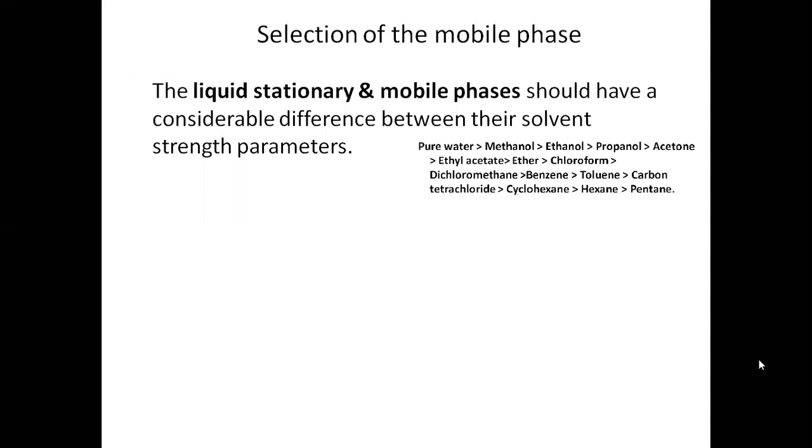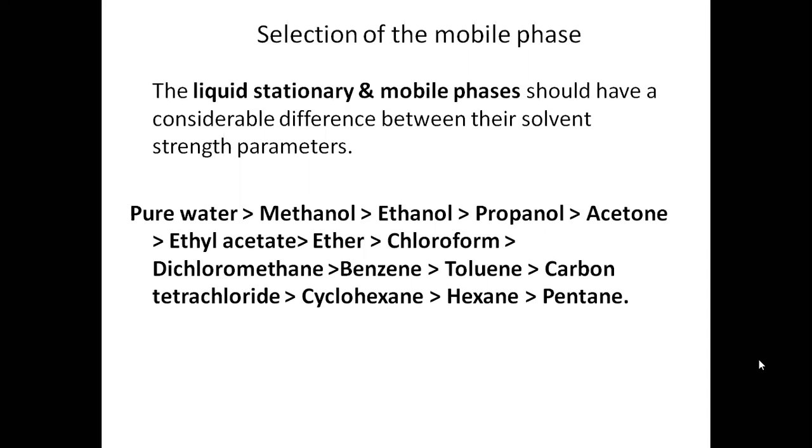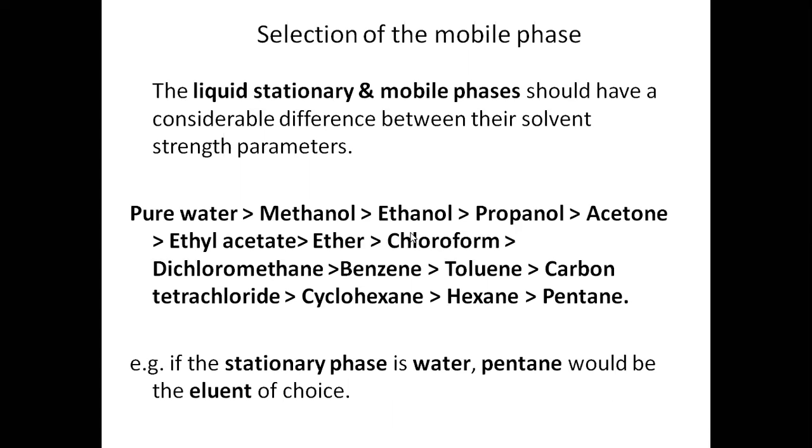They should have different polarities also, and the sequence on the scale of polarity is pure water, methanol, ethanol, propanol, then acetone, then ethyl acetate, ether, chloroform, dichloromethane, benzene, toluene, carbon tetrachloride, cyclohexane, hexane, and finally pentane. So this is the difference between their solvent strength parameters, of course, on the basis of polarity also.